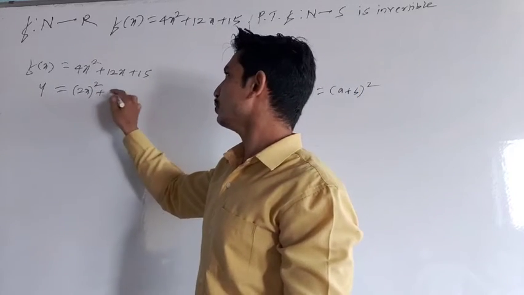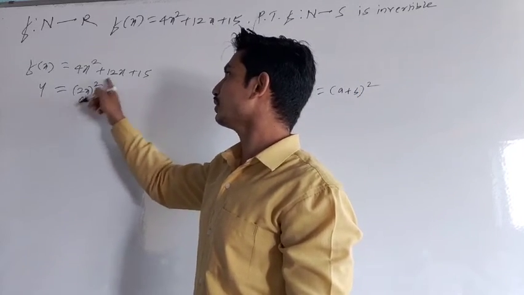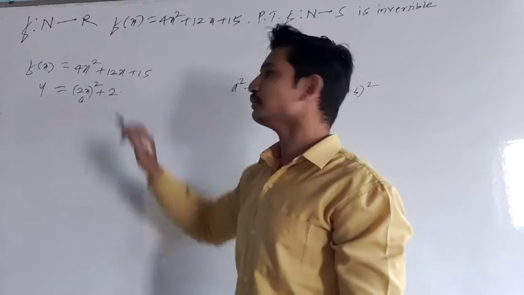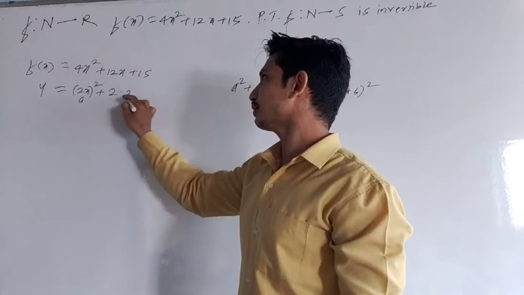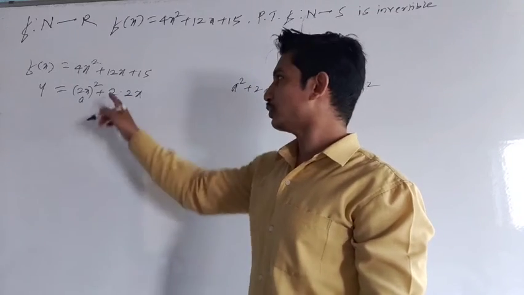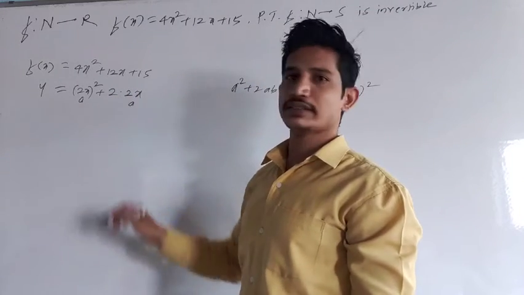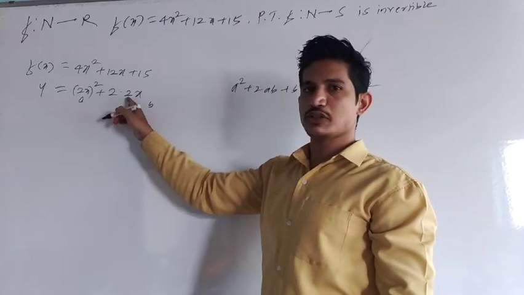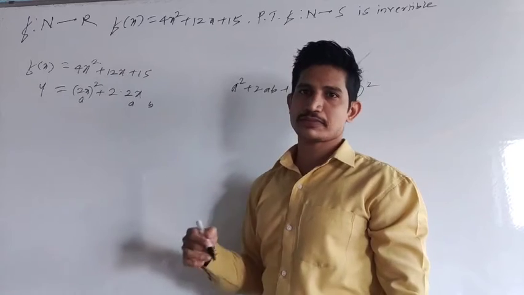Now 2ab. Suppose this is a square. I want 2ab: 2 into a is 2x. What is the value of b? 2 into 4, 4 into 3 is 12, that is why 3 will come.